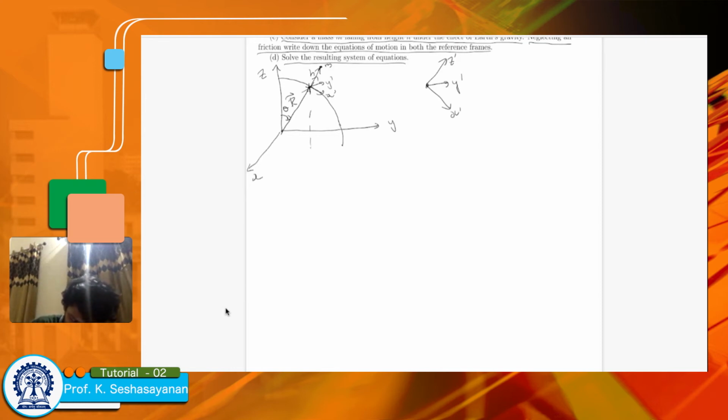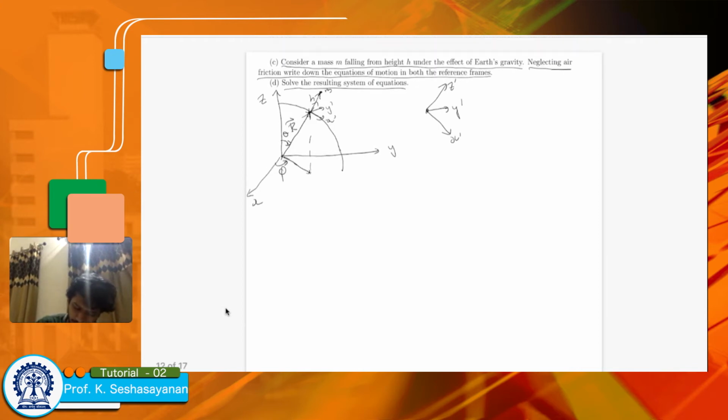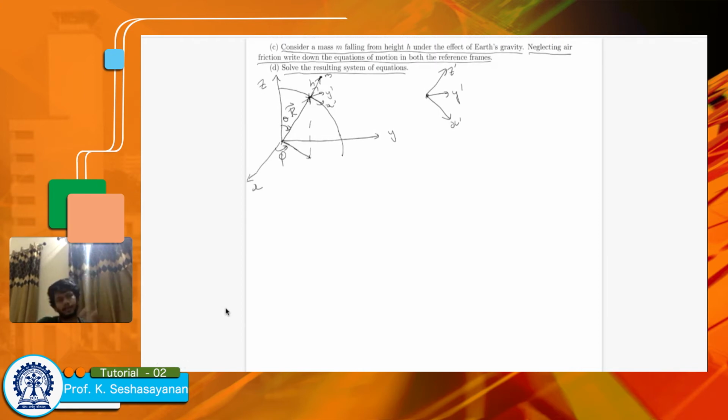And y prime would be just going into the system, so here it will be the phi direction. So we have x prime, y prime, z prime, and the idea is to try to understand the equations of motion for this mass m which is falling in the reference frame of the observer at position r, and also the reference frame of the inertial observer who is observing it from outside the Earth.